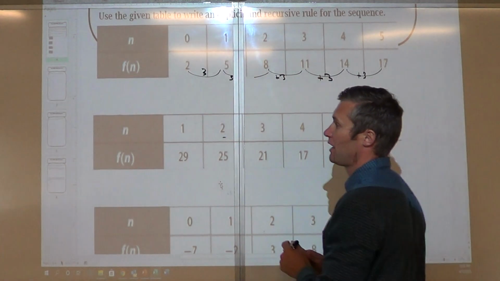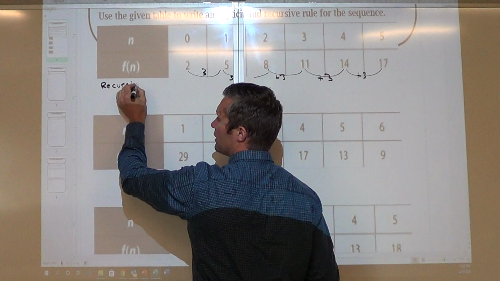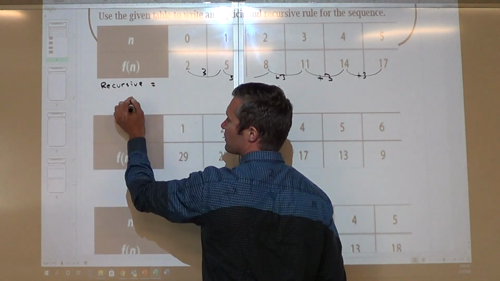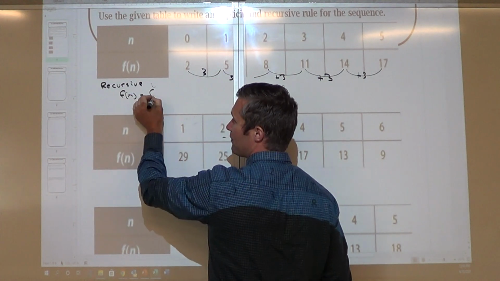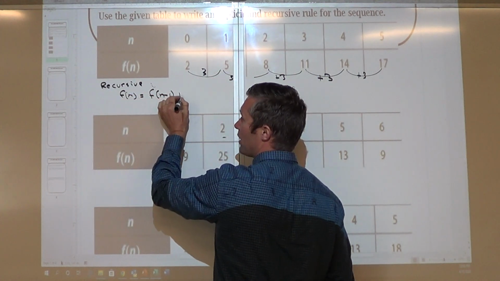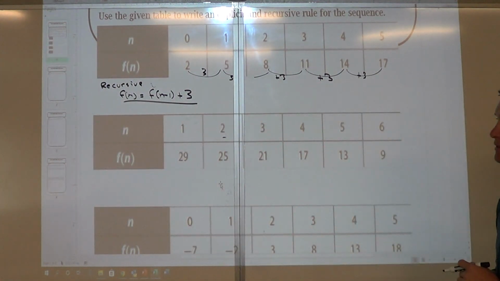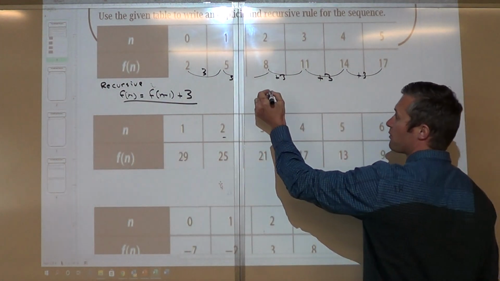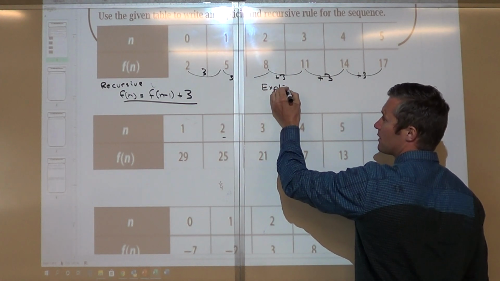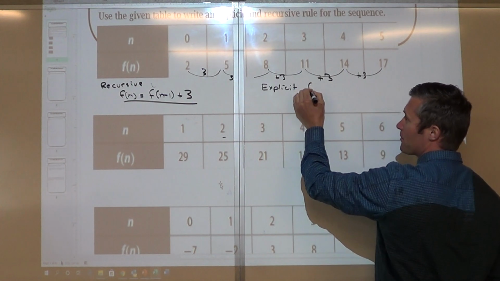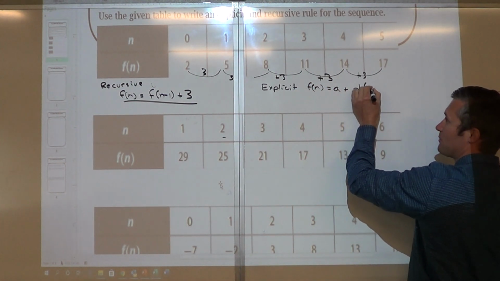To write a recursive formula, f of n equals f of n minus 1 plus my common difference, plus 3. That's it, you're done. Our explicit formula says, if you remember, f of n equals a plus d times n minus 1.